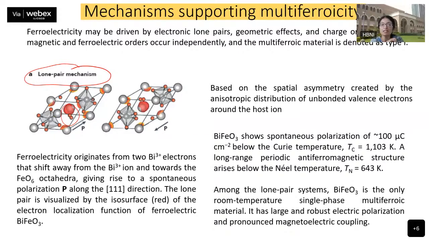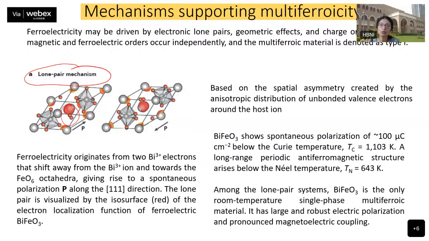These stay as lone pairs, and how they are oriented in the crystal actually gives rise to a spontaneous polarization. So BiFeO3 shows spontaneous polarization of 100 microcoulomb per centimeter square below the Curie temperature. The TC is around 1103 Kelvin, and a long range periodic antiferromagnetic structure arises below the Néel temperature, which is 643 Kelvin.